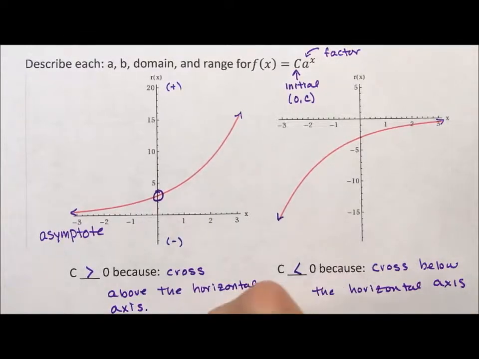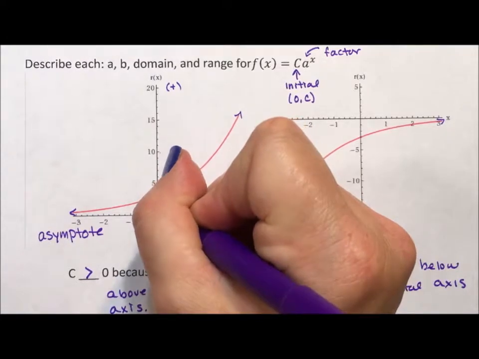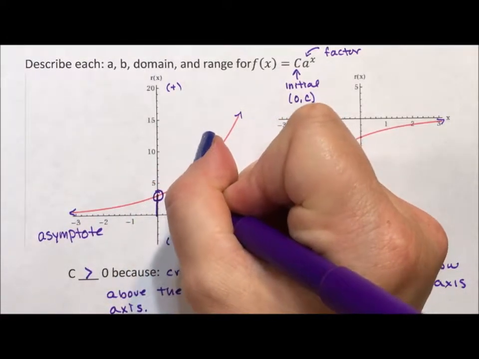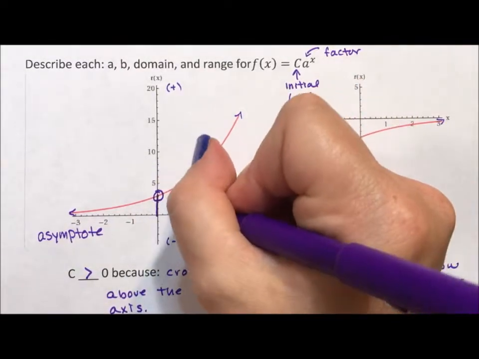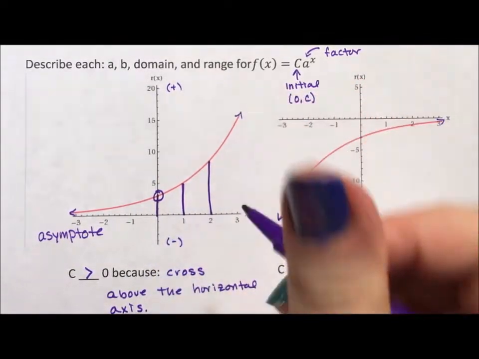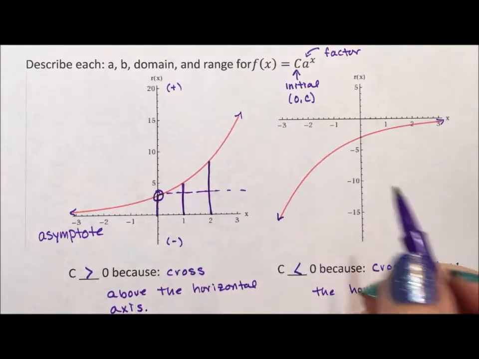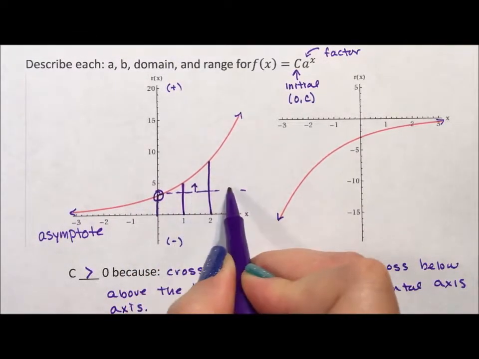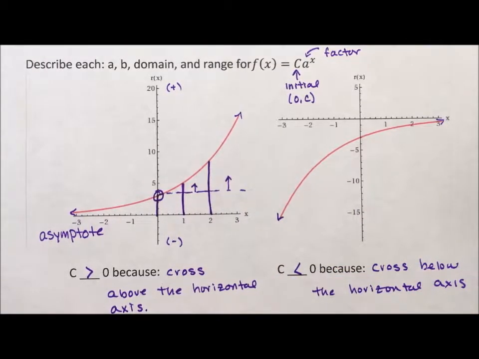Okay, now a is what we're multiplying by. If we look going forward, here's when we're at 0, here's when we're at 1, here is when we're at 2. As we go forward in time, these lines are getting bigger. Well, if we multiplied by 1, everything would be at this height. Because this is bigger than 1 and even bigger than 1, it means that a has to be greater than 1.